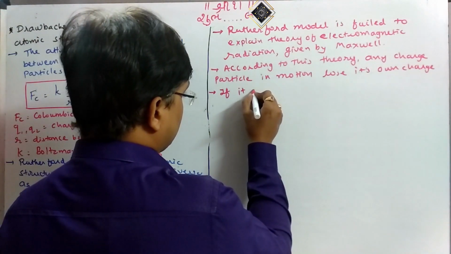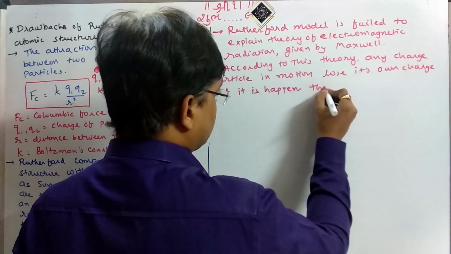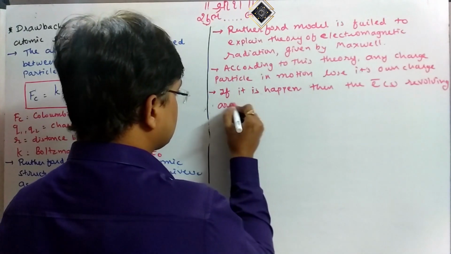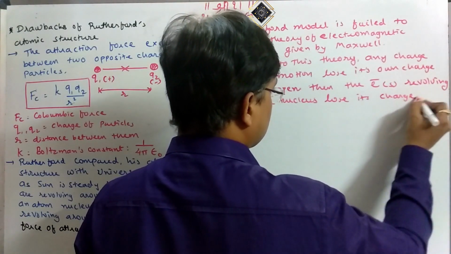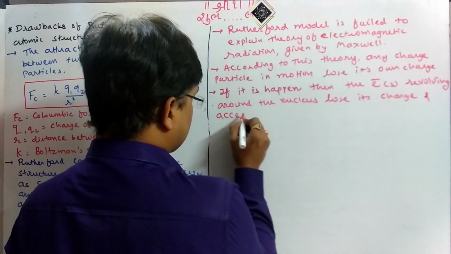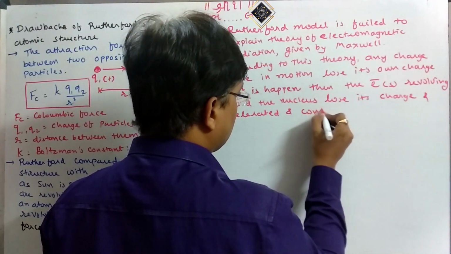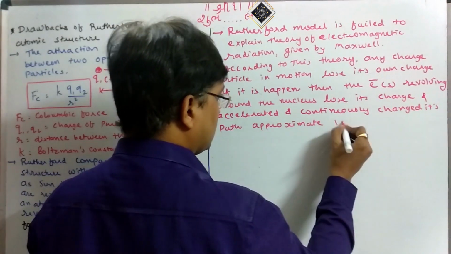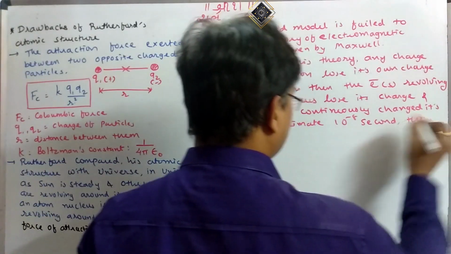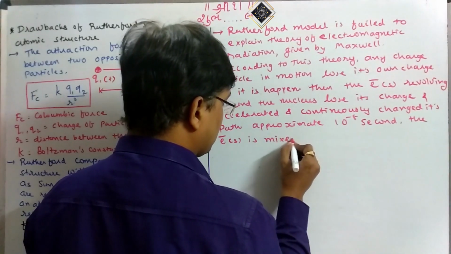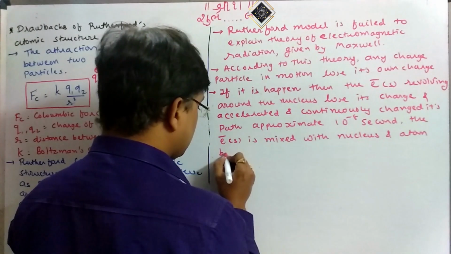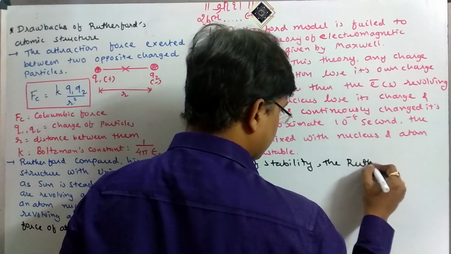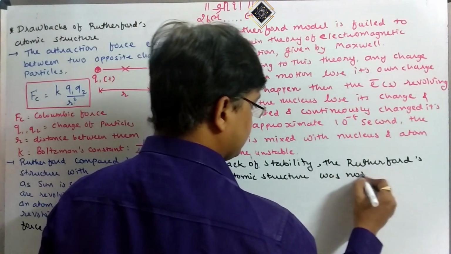If it happens, then the electrons revolving around the nucleus lose charge, accelerate and continuously change their path. In approximately 10⁻⁸ seconds, the electron mixes with the nucleus and the atom becomes unstable. For lack of stability, the Rutherford atomic structure was not accepted.